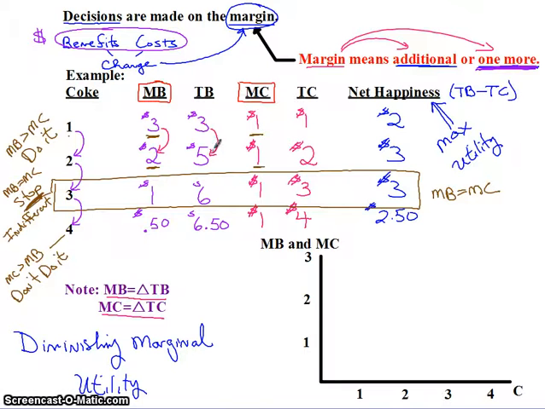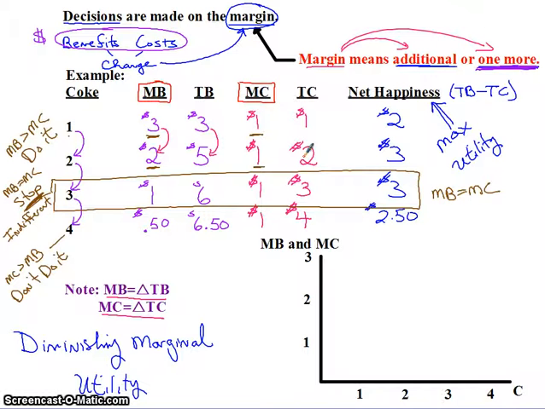I only care about Coke number 2. Coke number 2 gives me $2 of marginal benefits, and I have to pay $1 to get it. So do I buy Coke number 2? Yes, I do. Marginal benefits are greater than the marginal cost. I don't look at the totals. Decisions are made on the margin.